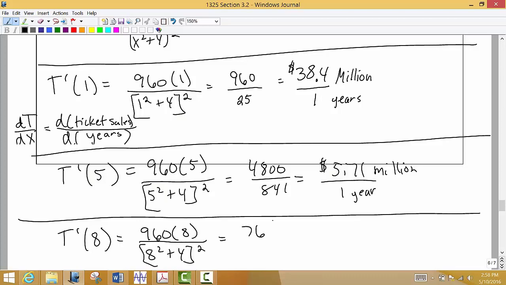I get 7,680 divided by 4,624, and I get about $1.66 million per year. So that's how much it's increasing at year 8, looking forward there to year 9. So at year 8, I'm only making about $1.66 million per year after 8 years of the movie being released.